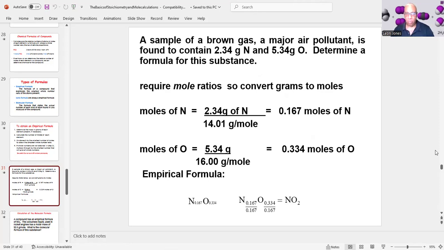So our empirical formula in actuality has subscripts, but we don't see the subscript. When we write it in moles, we get nitrogen is 0.167 moles and oxygen is 0.334 moles.